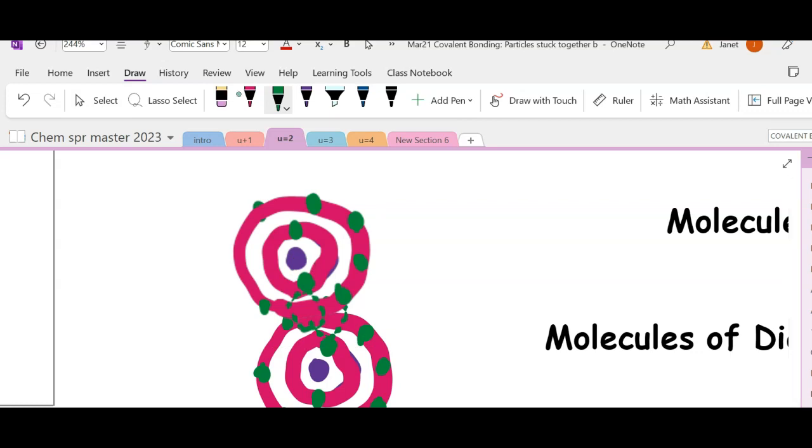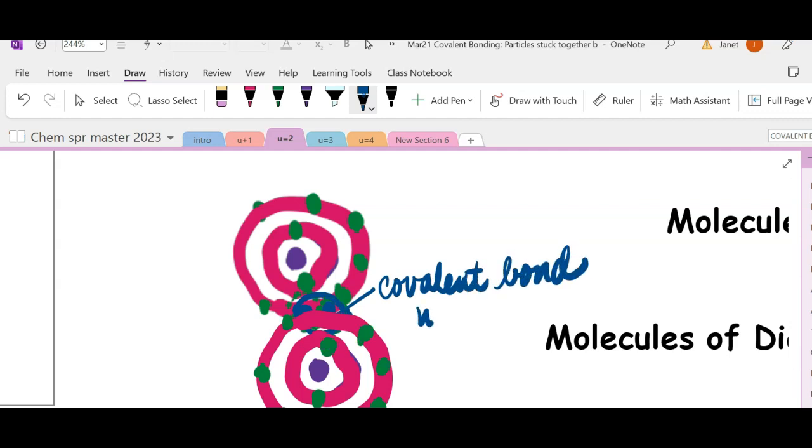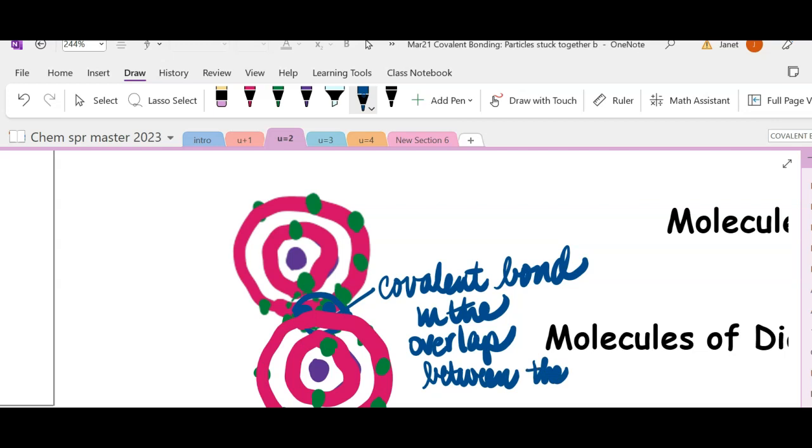So what they're doing is sharing the one that belongs to the other. So in this blank, they have this one being shared with this one, and then this is the covalent bond, in the overlap between 2 valence shells, the valence energy level of each atom.